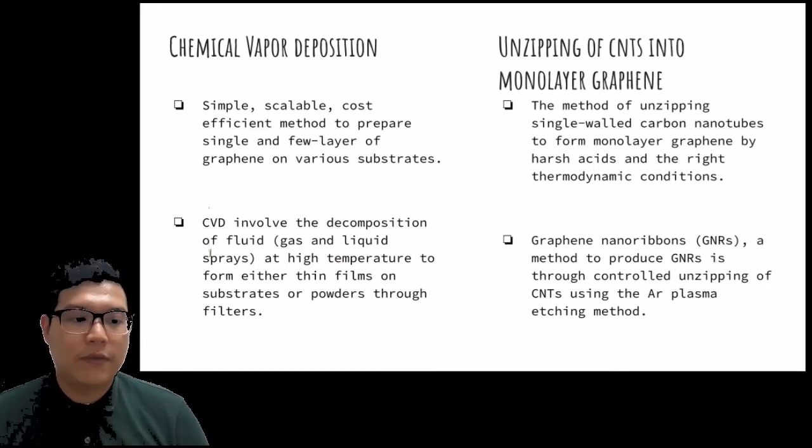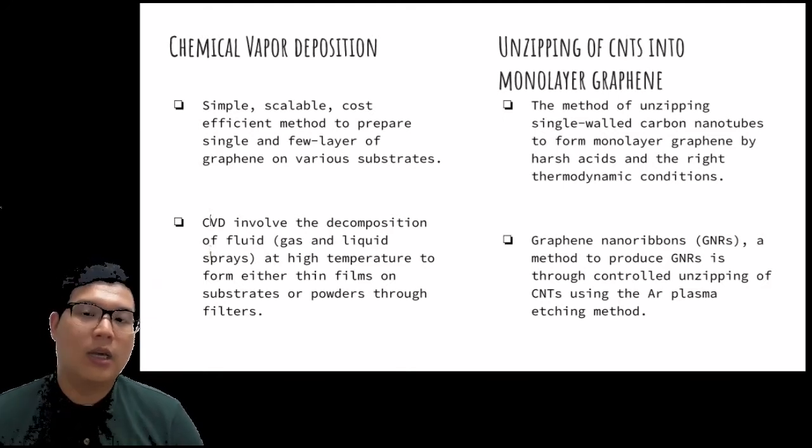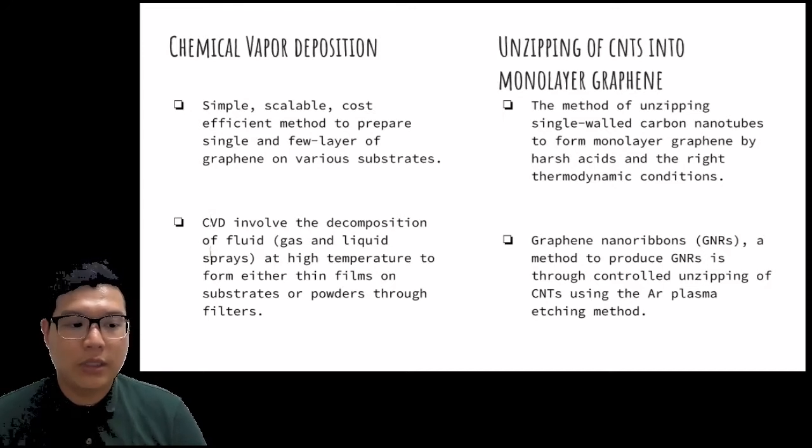involves the deposition of fluids or gas and liquid sprays at high temperature to form either thin films on substrates or powders through filters. Now, there are many forms of CVD such as hot wire CVD, thermal CVD, plasma enhanced CVD, radio frequency CVD, and ultrasonic spray pyrolysis.